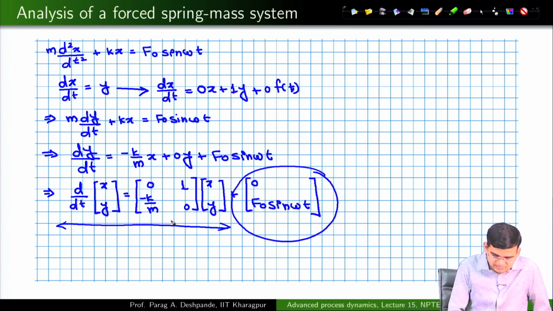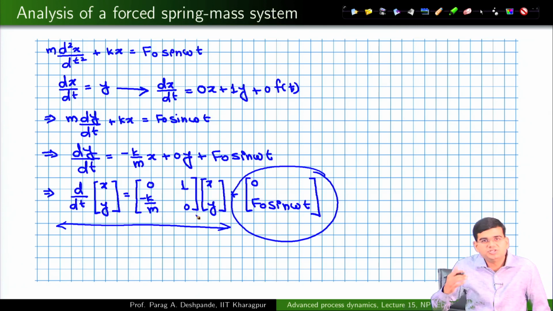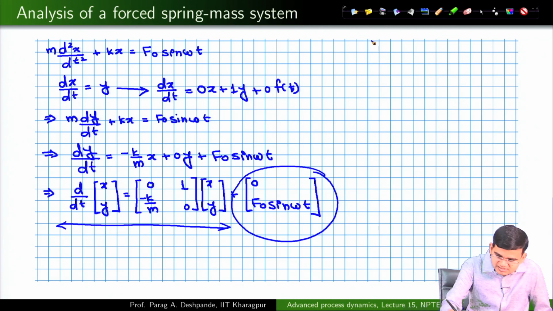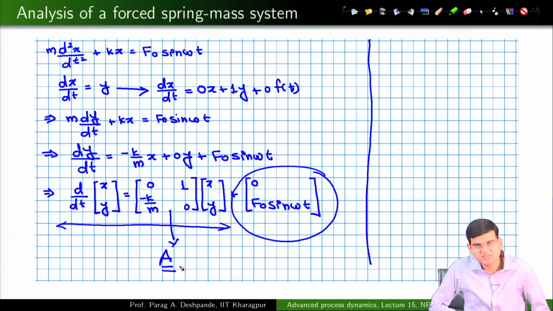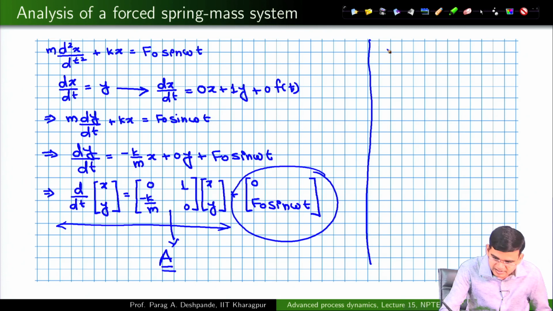So, a lot of the solution steps would remain identical, which means identifying the matrix A, and this matrix A in fact is the same matrix which we saw previously.